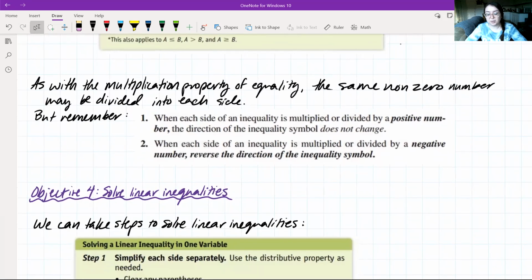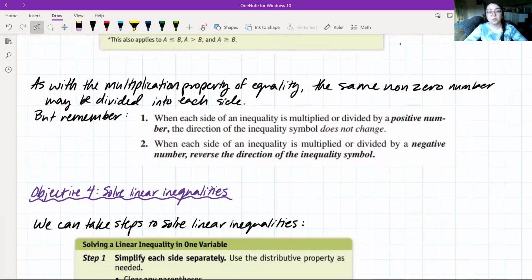So as with your multiplication property of equality, the same non-zero number may be divided into each side. So we're extending this property into division, again now for inequalities, but you also have to remember that when each side of an inequality is multiplied or divided by a positive number, the direction of the inequality symbol doesn't change.